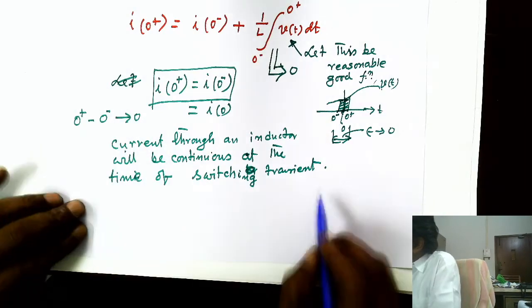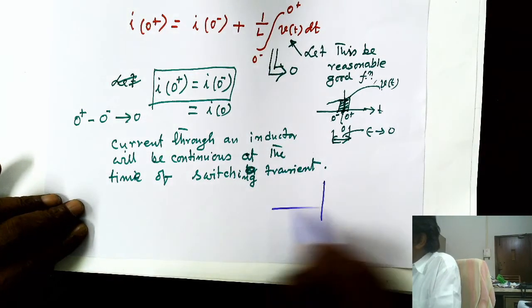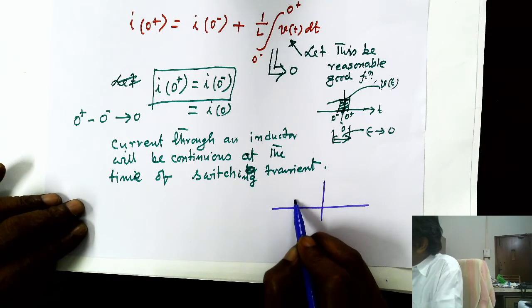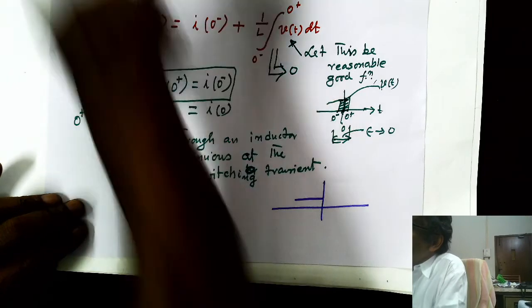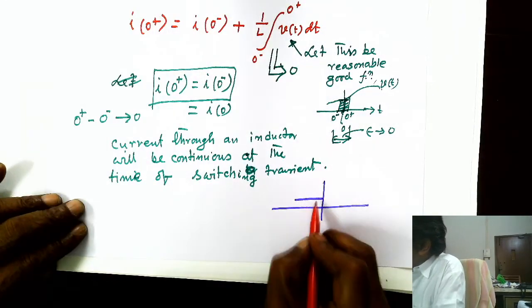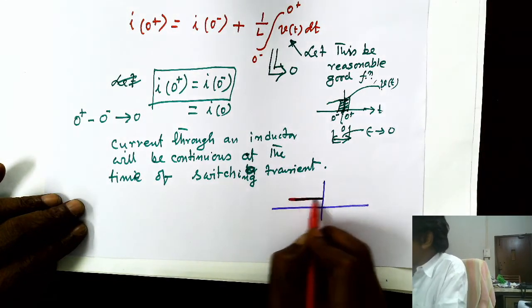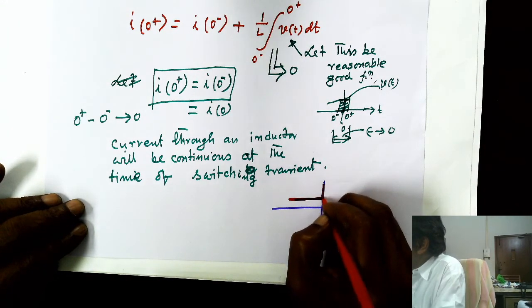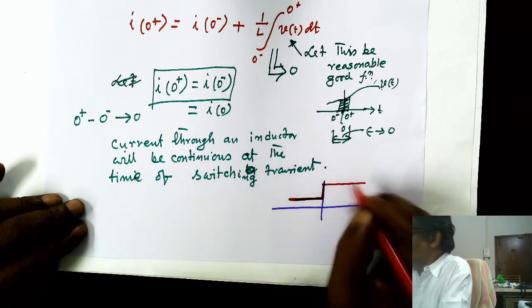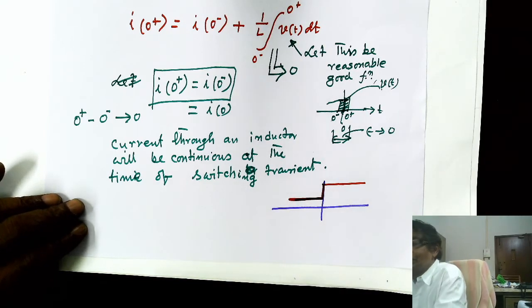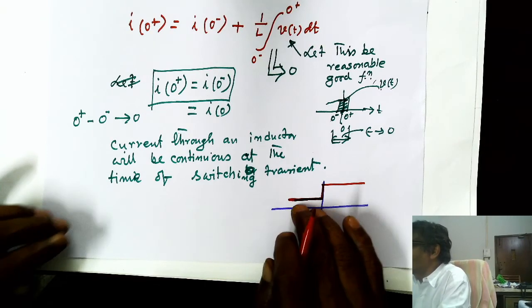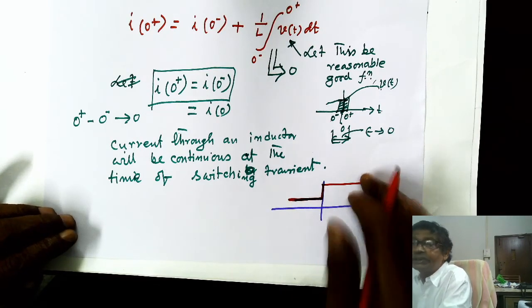For example, suppose Vt, for t less than 0, was part of another circuit, and the applied voltage across the inductor was this much. Then at t equal to 0, you have increased the supply voltage to this level. That is also a switching. That is, from one voltage level to another voltage level, you are reconnecting the inductor.